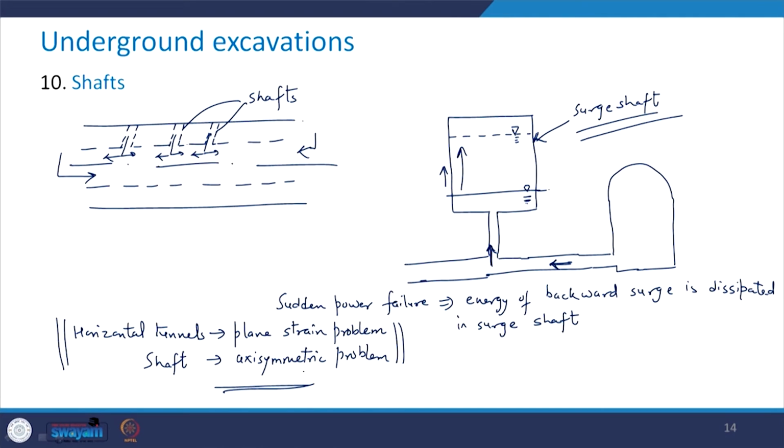So this was all about various underground excavations depending upon their size and the purpose for which they are being constructed. You can divide them into several categories as we discussed. Now let us learn about some of the ground conditions in tunneling.